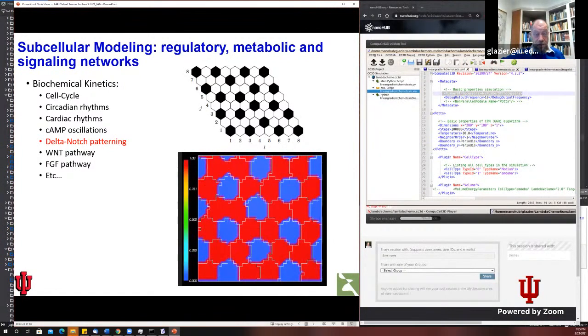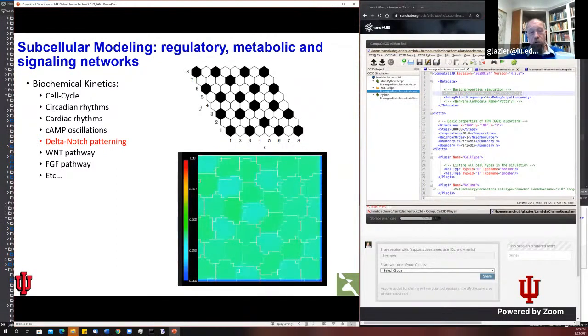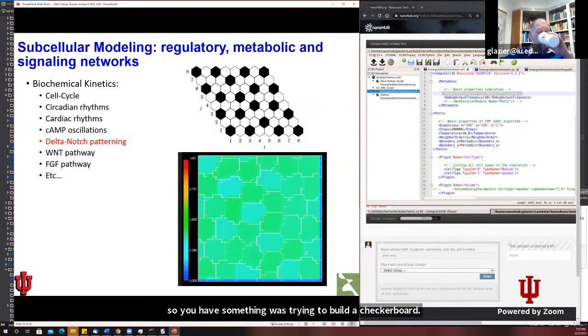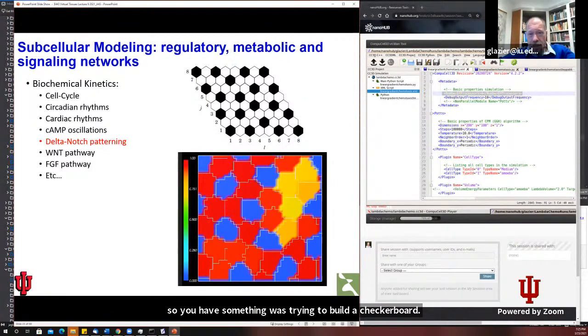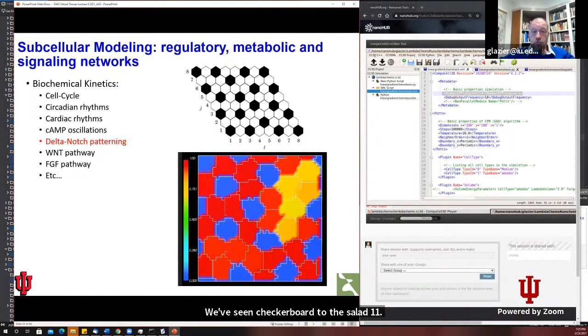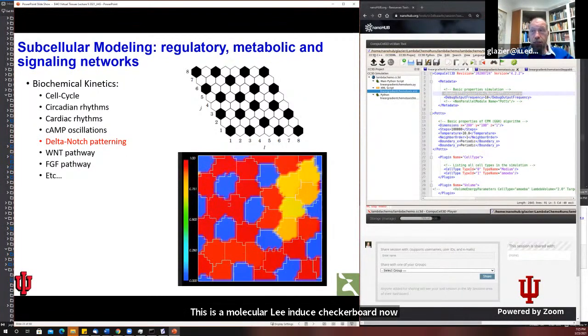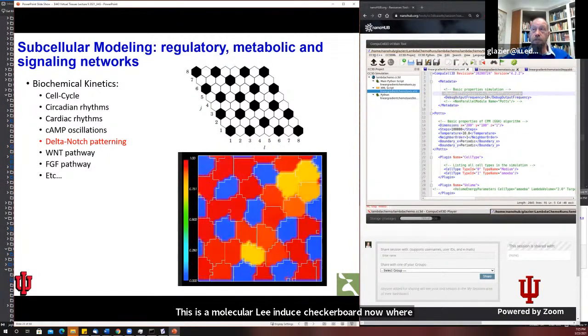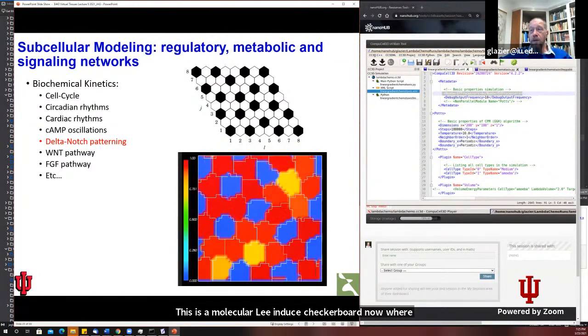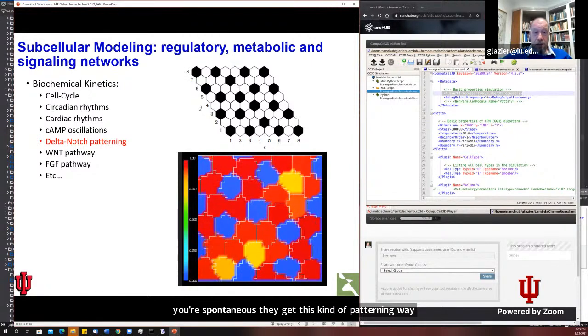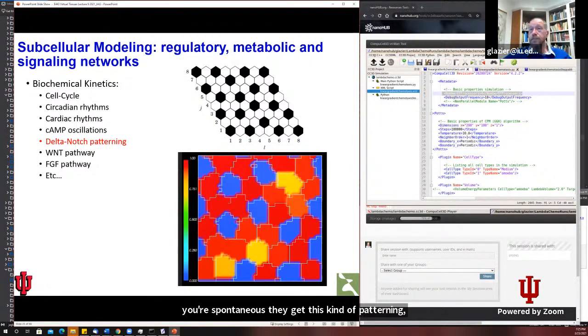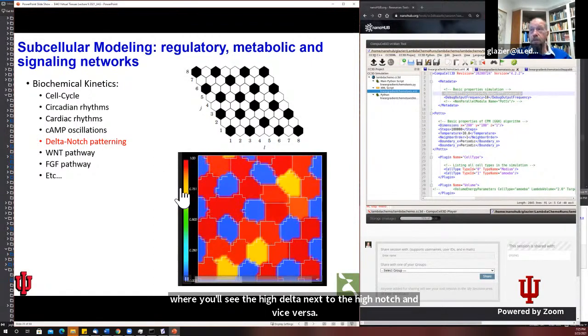And so you have something that's trying to build a checkerboard. We've seen checkerboards due to cell adhesion. This is a molecularly induced checkerboard, where you spontaneously get this kind of patterning, where you'll see the high delta next to the high notch and vice versa. And that's a simulation we'll run.